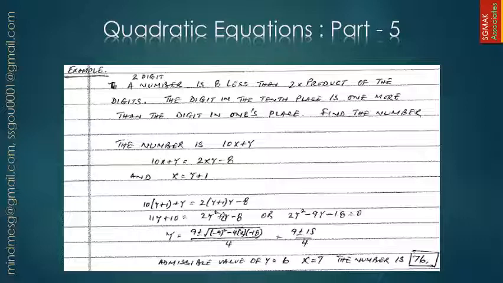We take just the positive value for y. Let's check here. x is y plus 1, so y is 6 and x is 7. So the number is 76. You discard the negative value of y. So the correct answer is 76.